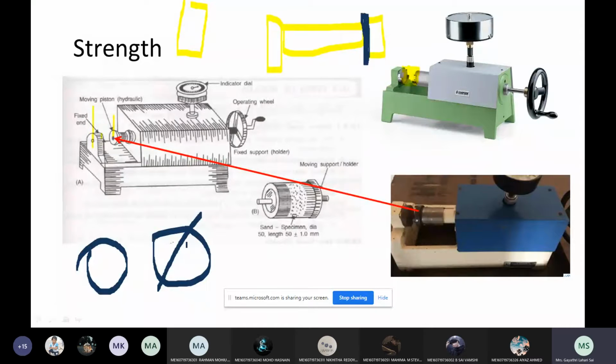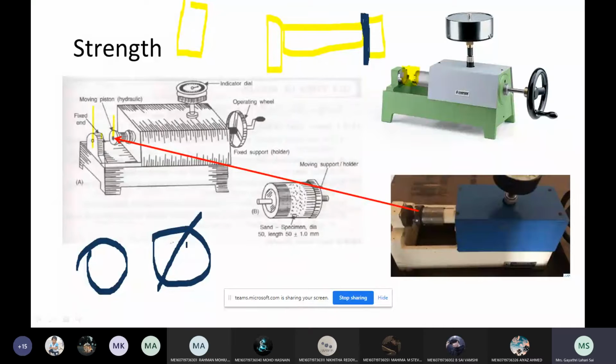Generally the dry strength will be more when compared to the green strength, right? So the dry compressive strength will be between 140 to 1800 kilopascal. Whereas the green compressive strength is in the range of 30 to 160 kilopascals, but the dry compressive strength will be between 140 to 1800 kilopascals, right?